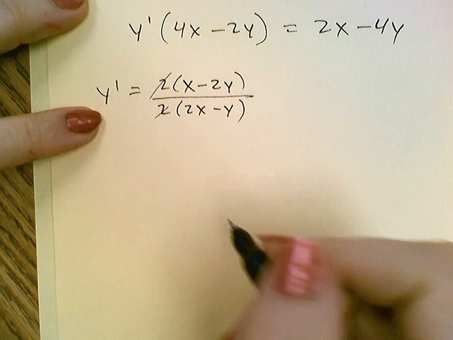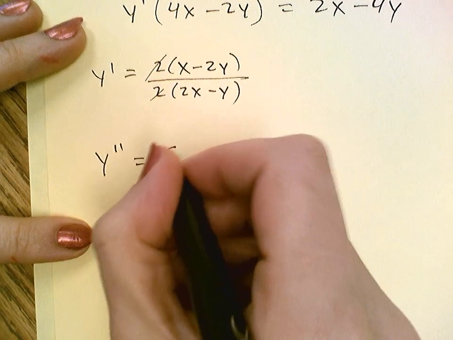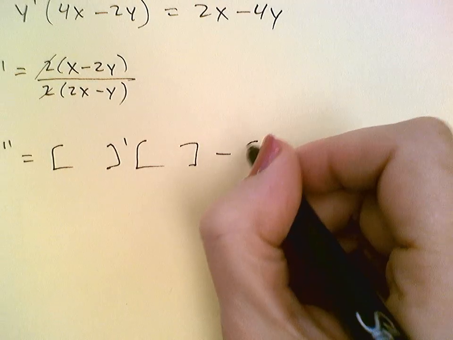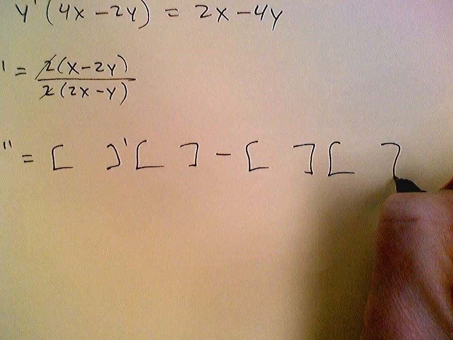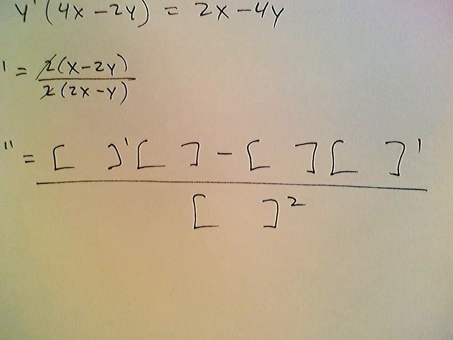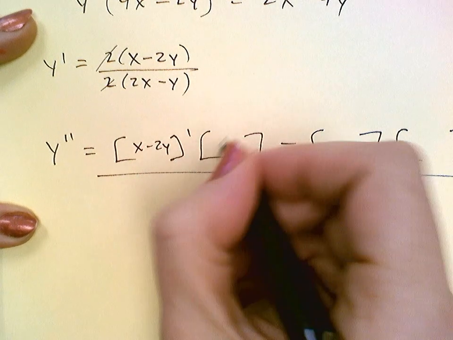And then we need the second derivative. So quotient rule. Okie dokie. So x minus 2y.